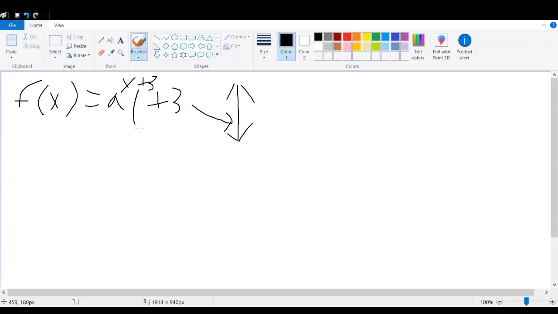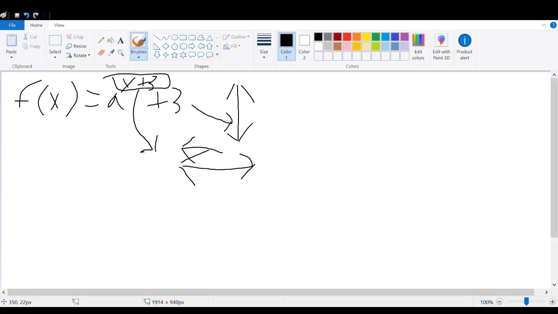And then in the exponent, x plus 3, it'll always go left or right because it's applying to the x values. Because we have to change the x values to accommodate for that plus 3, it's going to be opposite of what you think. So plus 3 will go to the left, which is the negative side, because for this value up here, x plus 3, to be 0, we have to make x negative 3 instead of 0, which is what it would normally be.